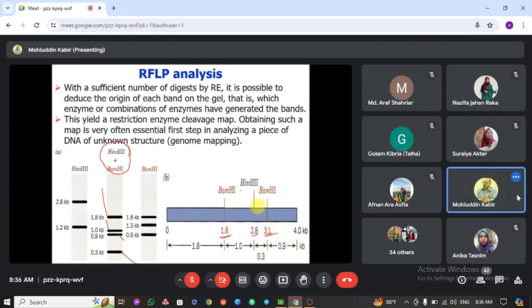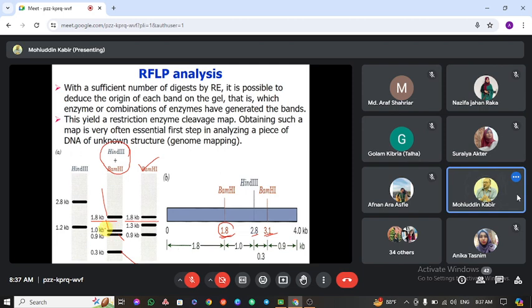With the double enzymes, the first band is 1.8 kb. So that corresponds with that 1.8 kb. That means the first restriction site is at 1.8 kb distance, and that is BamHI. Now, the second band is 1 kb.